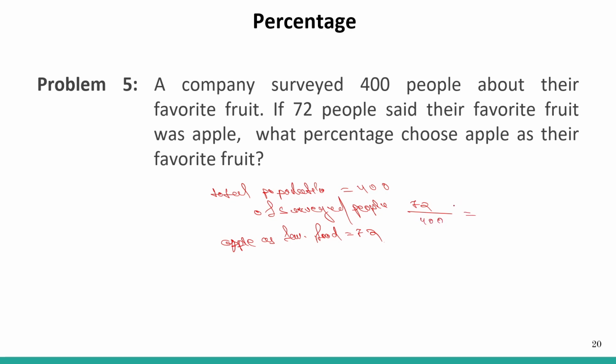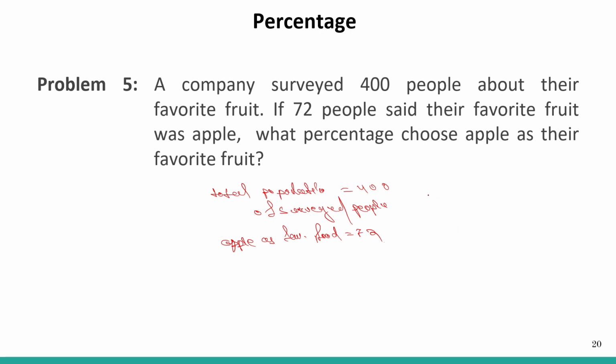Then if we multiply this with 100, what we are left with is 72 by 400. So 72 by 4. Hold on a sec.